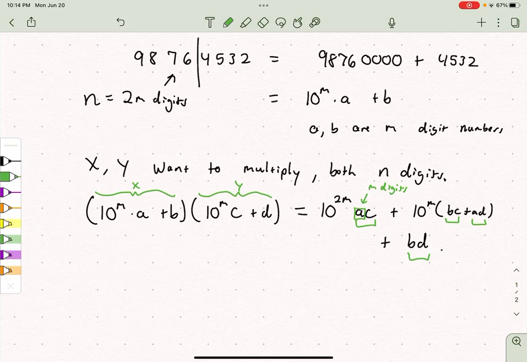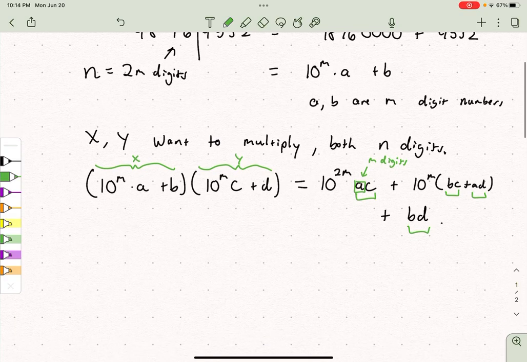So we've simplified our problem from multiplying two n-digit numbers into multiplying two n divided by 2-digit numbers. So smaller multiplications, and so we can compute these recursively.